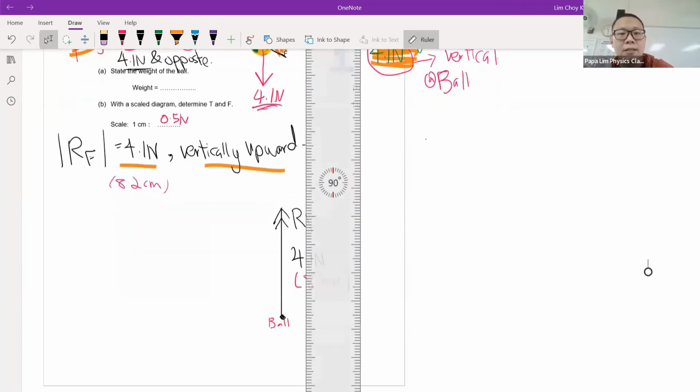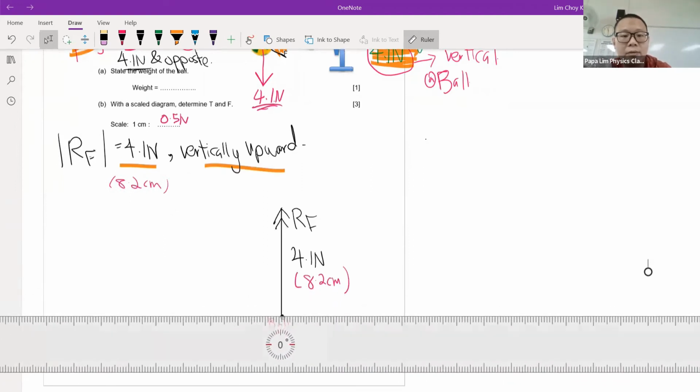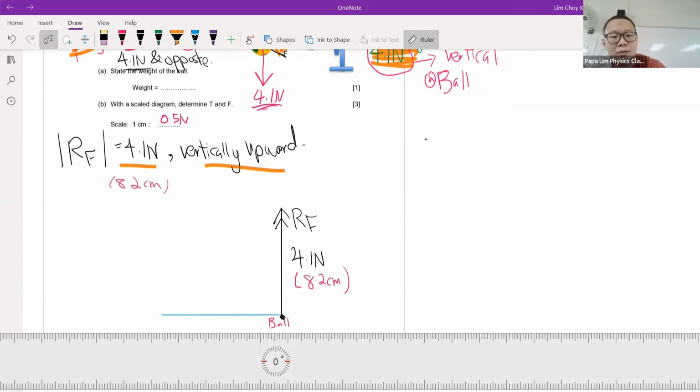F is 90 degrees with respect to your RF, because it is a horizontal force. I will not know how long it is, but I do know that in terms of direction, F will be in the horizontal direction. So this is F.